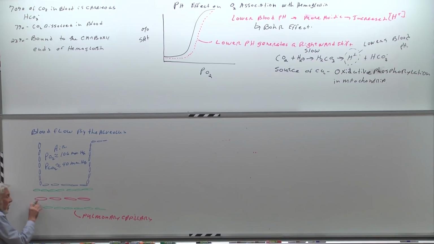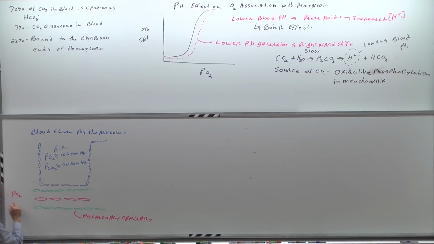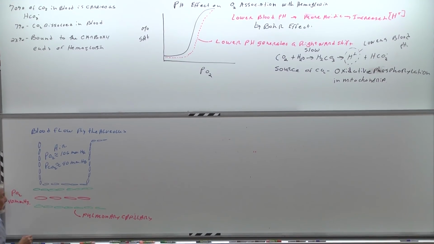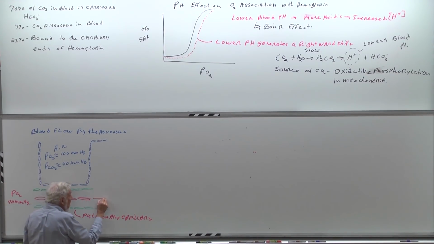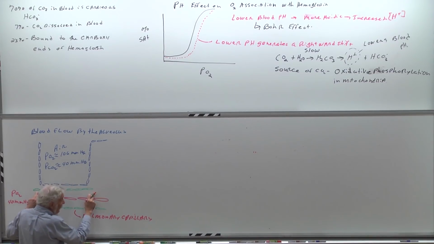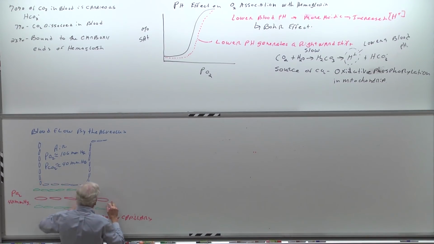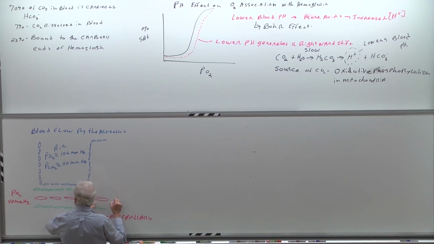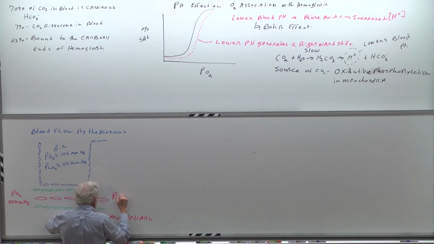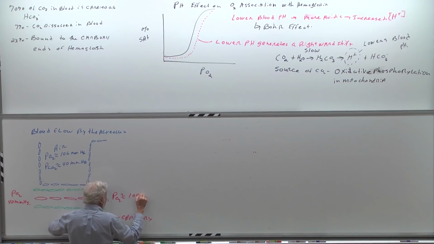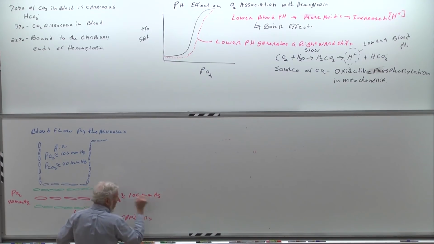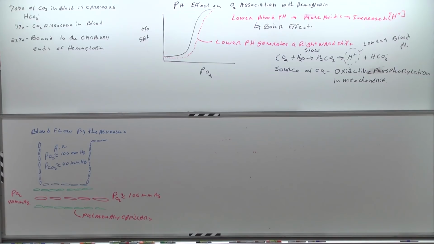And we said that the PO2 coming back from the tissues is in the neighborhood of 40 millimeters of mercury. But the emphasis last time was that when the blood would exit across this structure, headed back to the left side of the heart, then at this point the PO2 levels were in the neighborhood of about 106 millimeters of mercury. Perhaps a little lower up here, but at least probably close to 95% saturated.